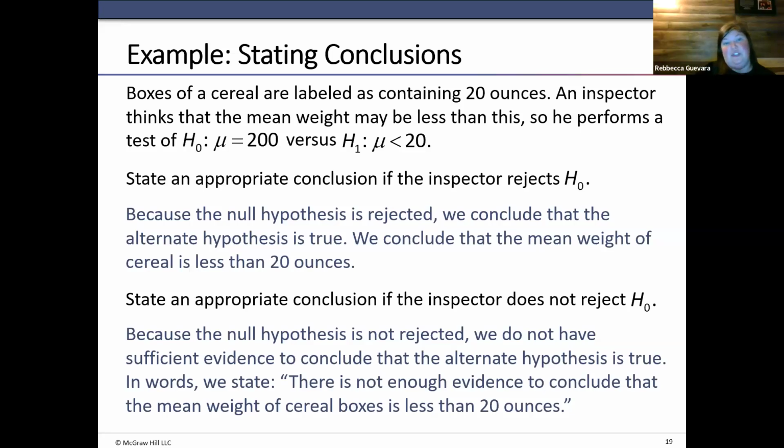So boxes of cereal, once again, are labeled to contain 20 ounces. An inspector thinks that the mean weight may be less than that, so he performs a test.